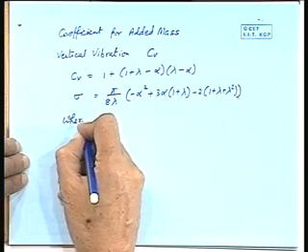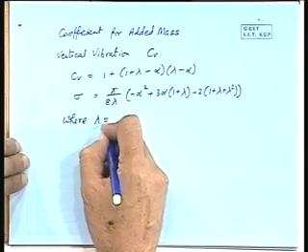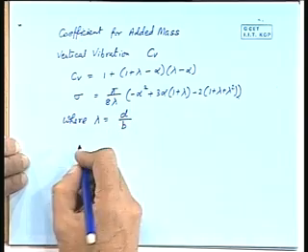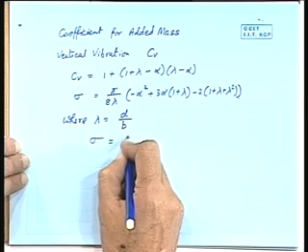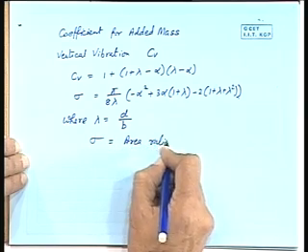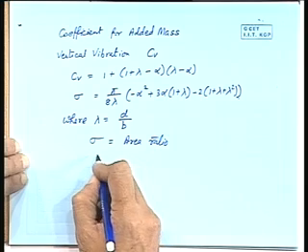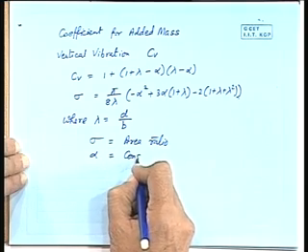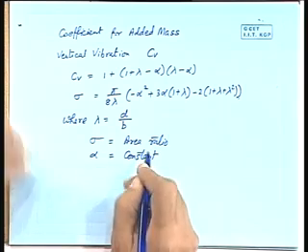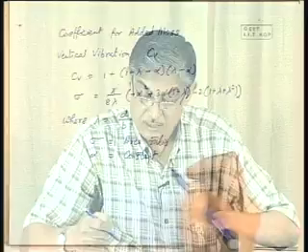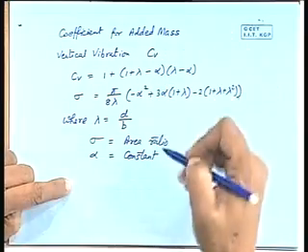Where lambda is equal to d by b, sigma is the area ratio, and alpha is constant, as defined here.